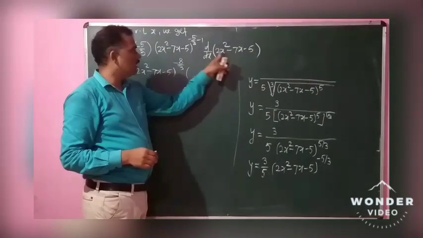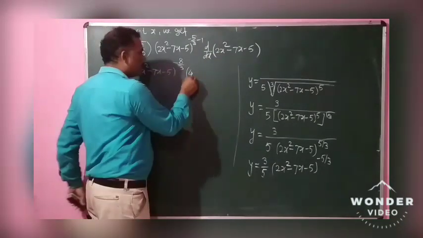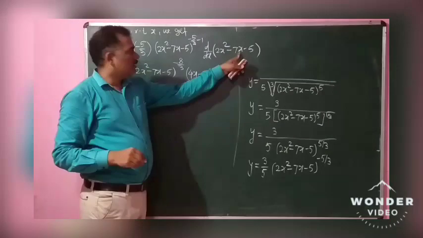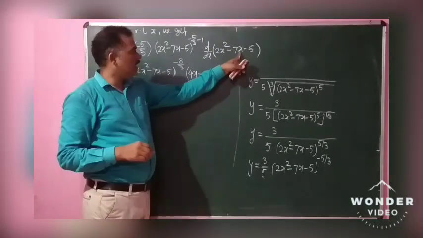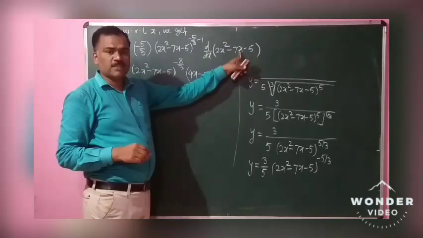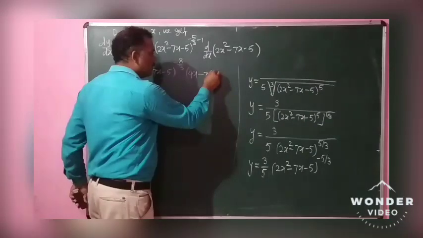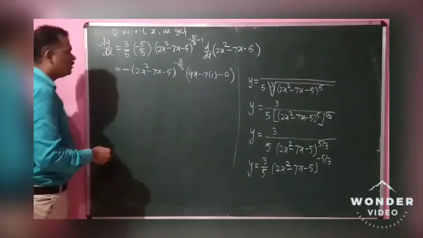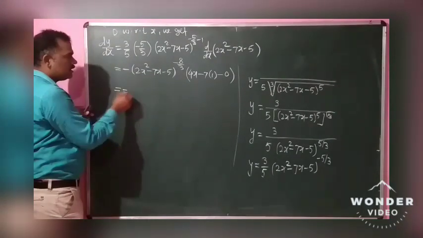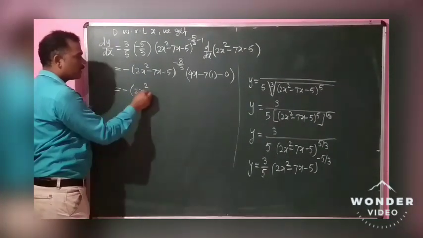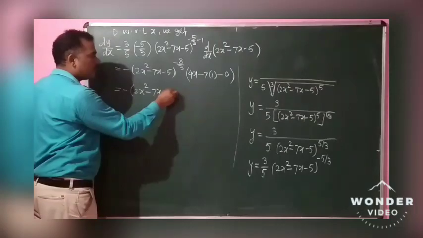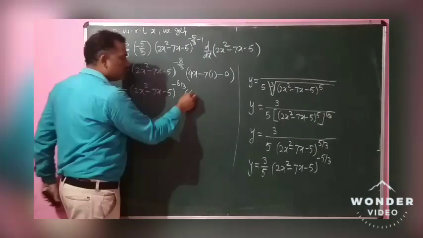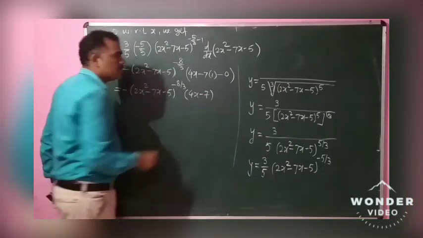Is 2x into 2, it means 4x minus 7 as it is, because it is a constant we take it outside. The derivative of x with respect to x is 1, minus 5 is a constant, its derivative is 0, so we can write minus 2x square minus 7x minus 5 raised to minus 8 by 3 into, how to write that, 4x minus 7.